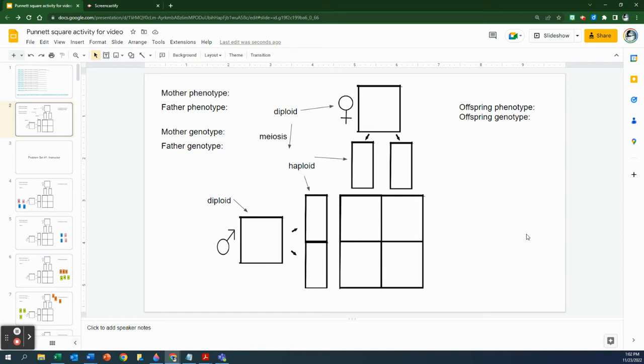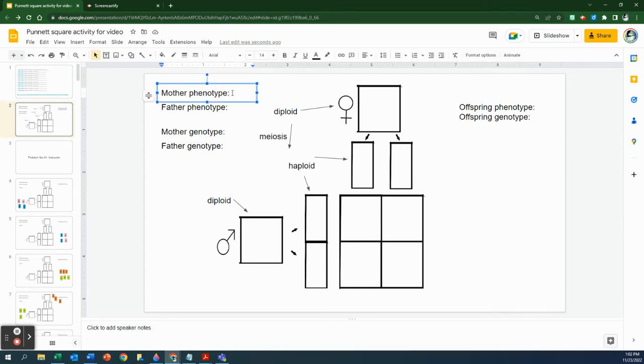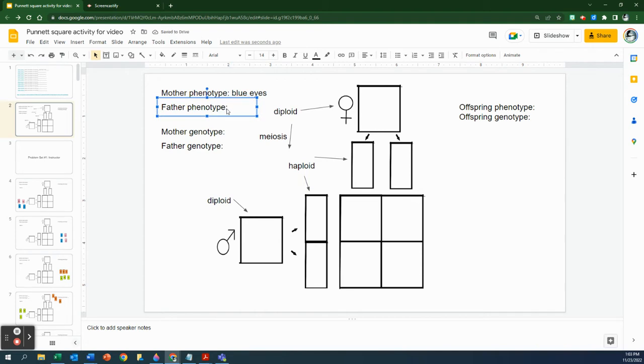Phenotype is what somebody looks like. So if we're saying our mother has blue eyes, for example, and our father has brown eyes, that would be a phenotype. Phenotype is what somebody looks like.